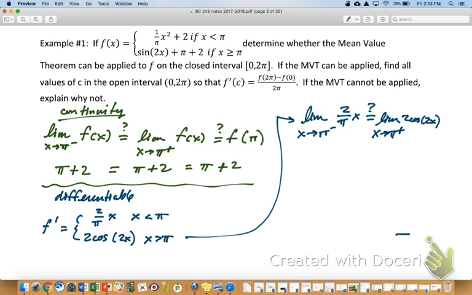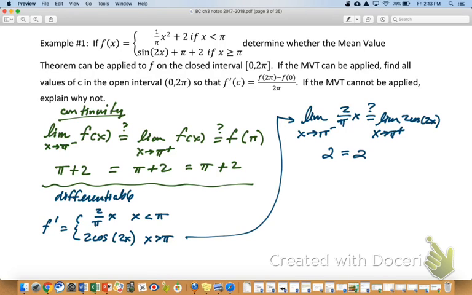So does this end up being true? Yes. So 2 equals 2. Wow, okay. So that means this is a differentiable function, which means that the MVT does apply.